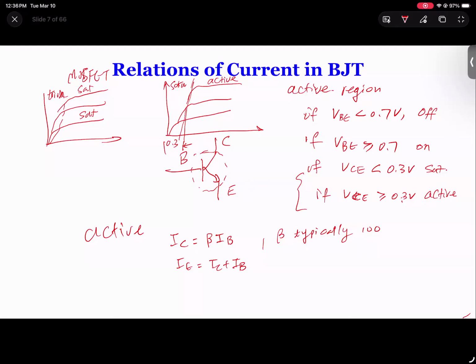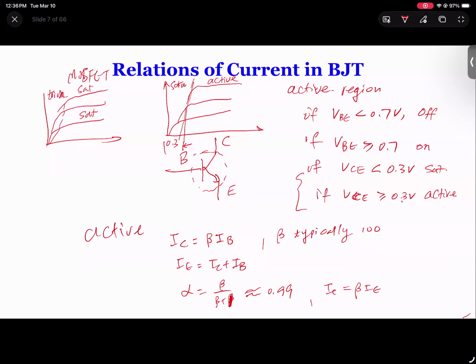And this is the definition of alpha, which is beta over beta plus 1. And this number has a roughly typical value. If beta is 100, then beta plus 1 is 101, so alpha is about 99%. Then current IC is going to be beta times IB.